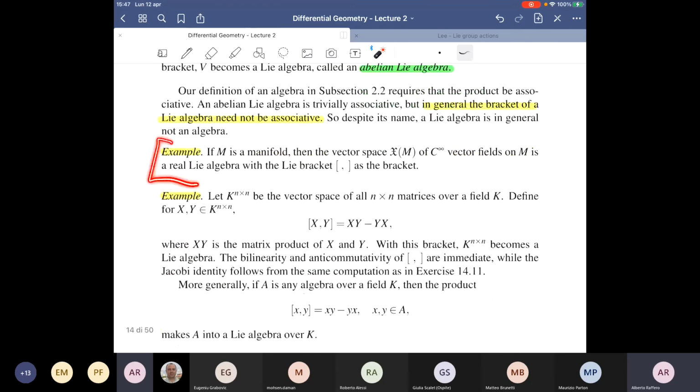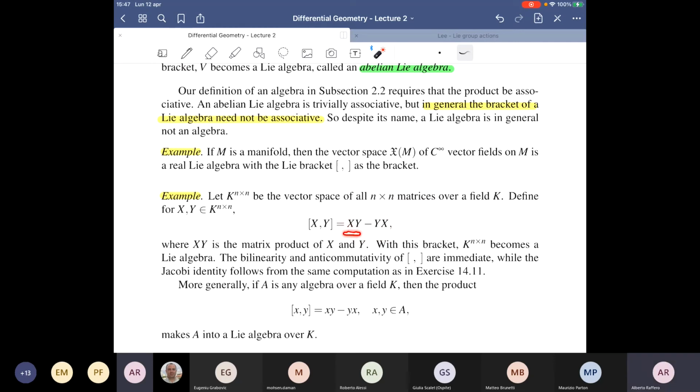And so the example we discussed before is just the example of the space of smooth vector fields on the manifold with the bracket we defined before. And of course, we have other examples. For instance, if you consider a vector space of square matrices of order n over some field k, then you can define the bracket just as the commutator defined in this way.